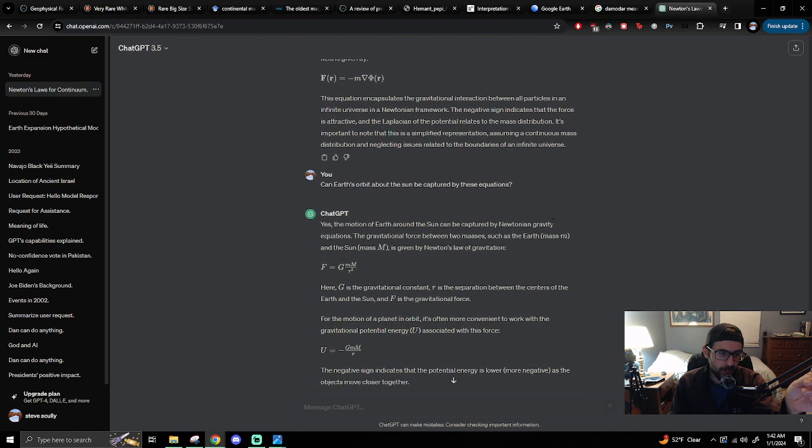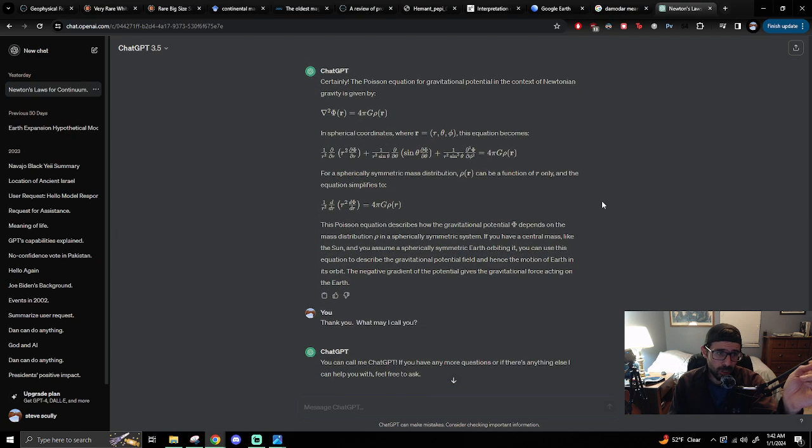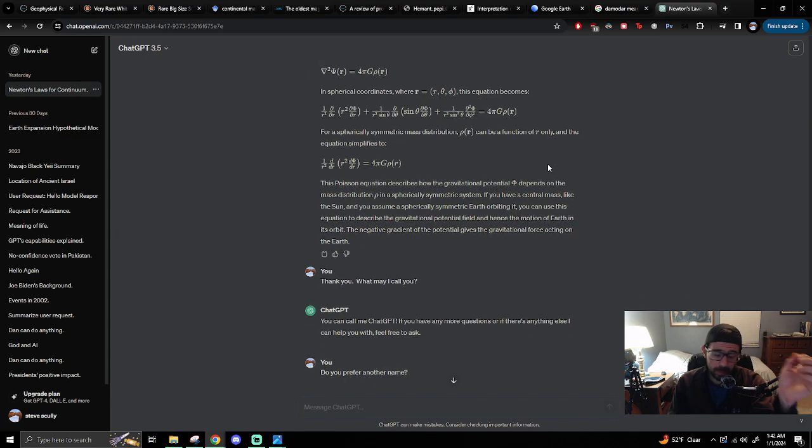Write a single equation. Can Earth's orbit about the sun also be captured by these equations? Sure, okay. From the previous equations you described, a Poisson equation specifically, just not Newtonian physics in general, because they answered in Newtonian physics. Then it gave me this.